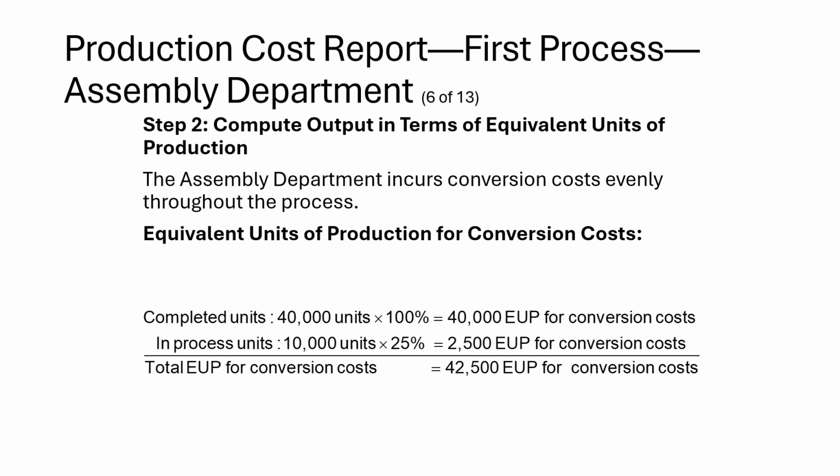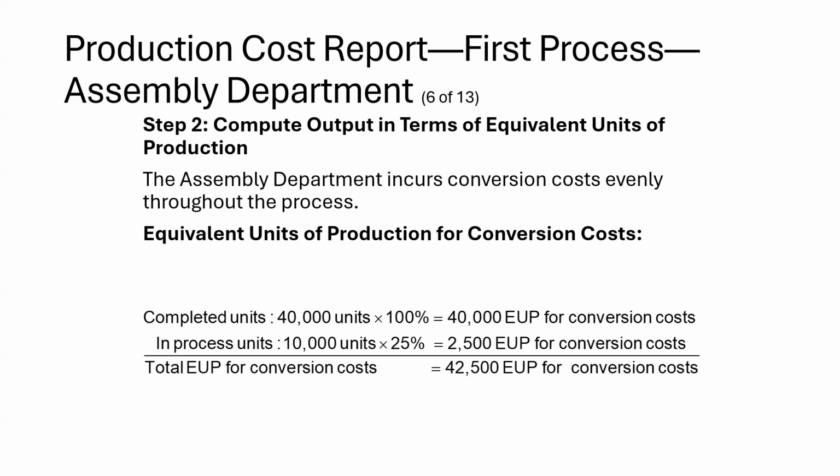The assembly department worked on 50,000 puzzle boards during July. We have already determined that 40,000 puzzle boards are completed and have been transferred to the next department. If they are completed and transferred out, then they are 100% complete for both direct materials and conversion costs in this department.